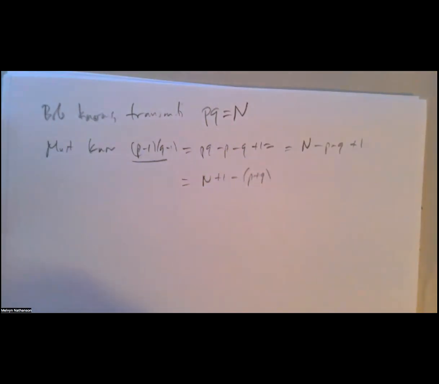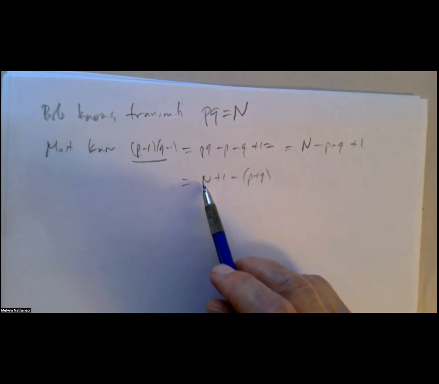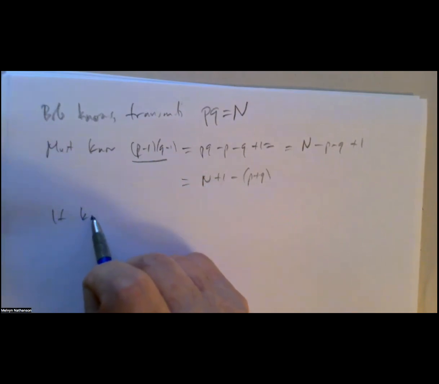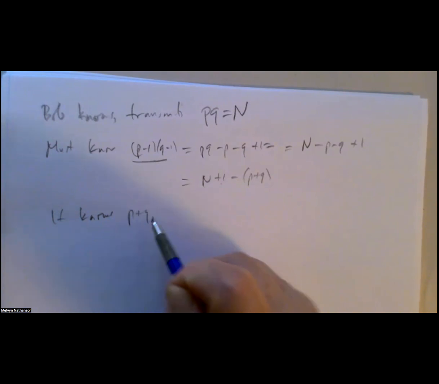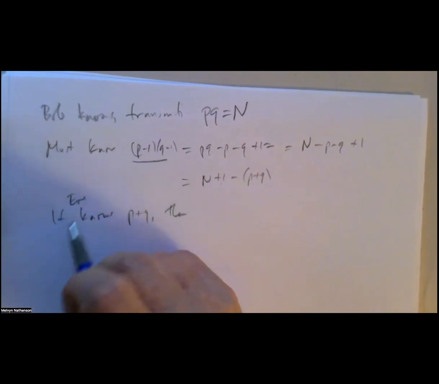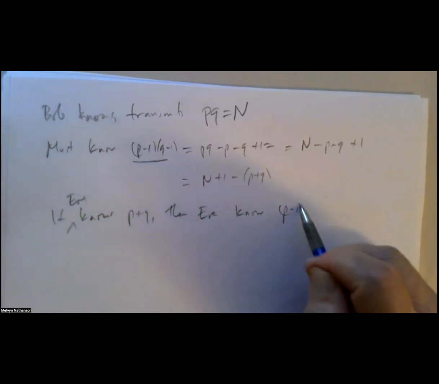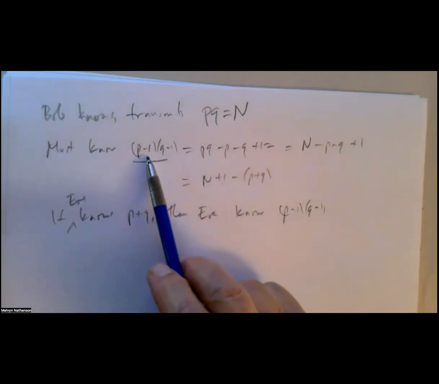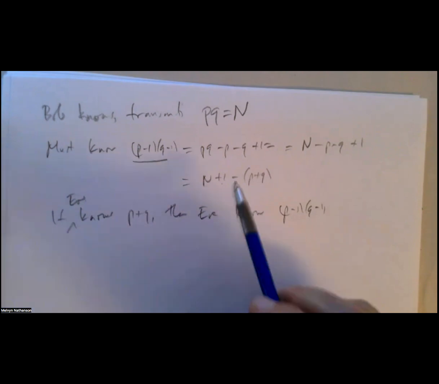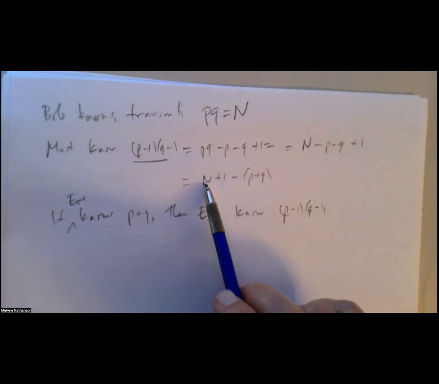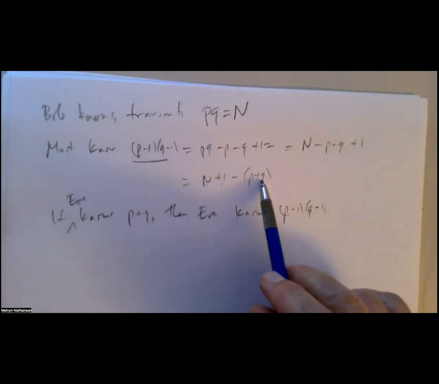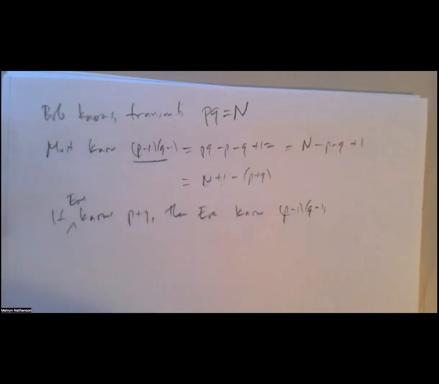So what this says is, Eve knows N, and then she knows N plus one. If Eve knows P plus Q, then Eve knows P minus one, Q minus one. So just from this formula, everyone knows N, everyone knows one. If someone knows the sum of the two primes, then you know what this is and you can break the code. So breaking the code, it's enough.